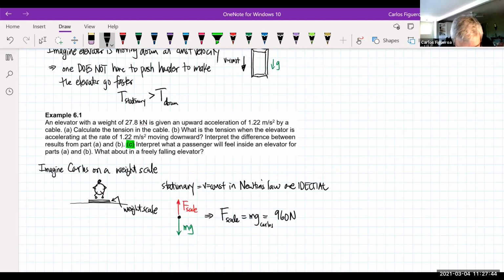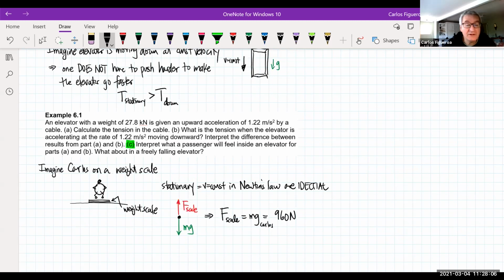Now, we've got to be really careful here. Is it the ground that's pushing up on Carlos? Or is it the weight scale that's pushing up on Carlos? It is the weight scale. But the ground is pushing up on the weight scale, and the weight scale is pushing down on the ground.